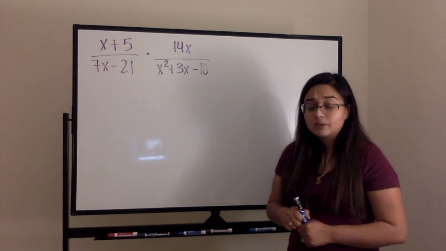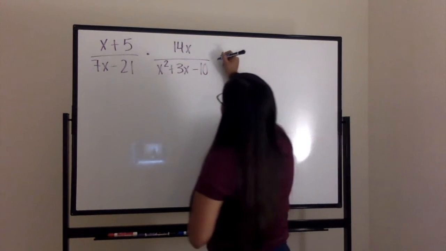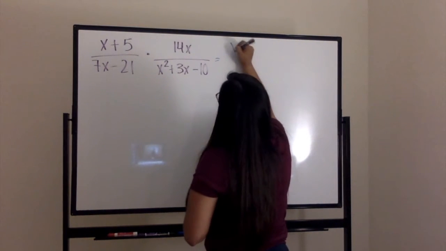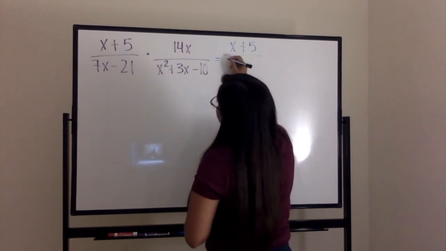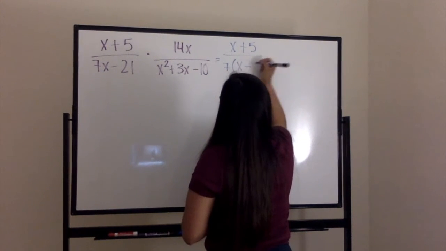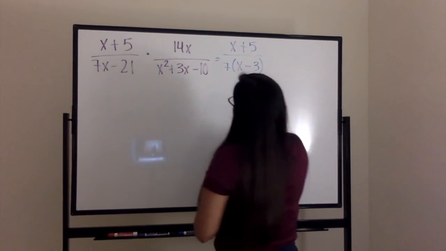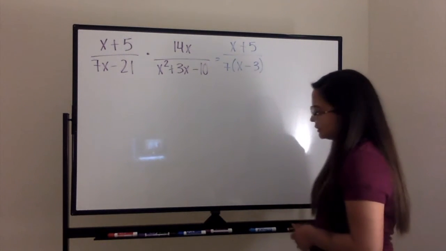Out of that one, I could factor out the 7. So I would be left with (x + 5) over 7 times (x − 3), because 7 times 3 equals 21.